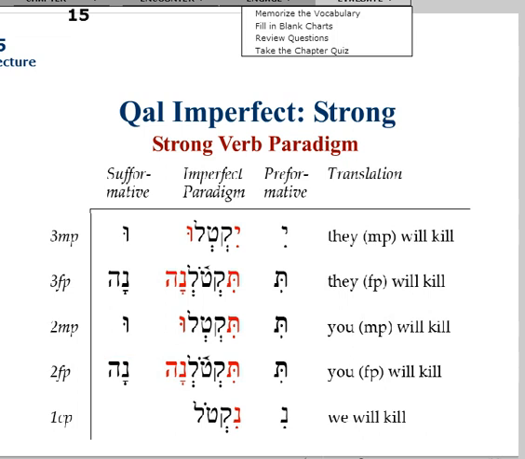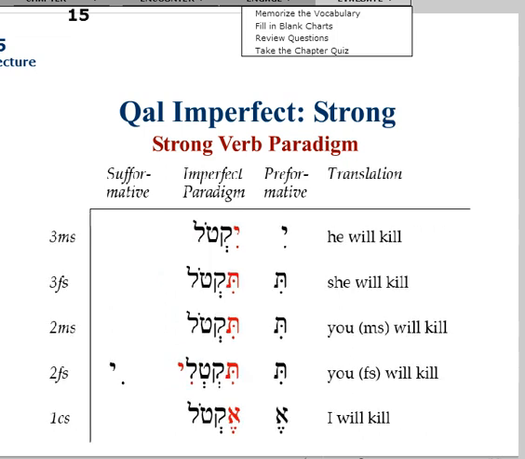Our sixth observation. You have probably already noticed that 2 sets of forms are identical in the imperfect paradigm. In each instance, context must provide the proper identification. Having duplicate forms, however, does make paradigm memorization easier. The form tiktol is both third feminine singular and second masculine singular.